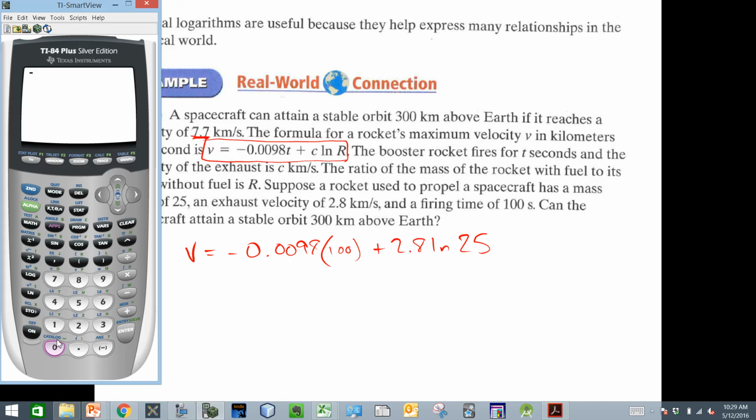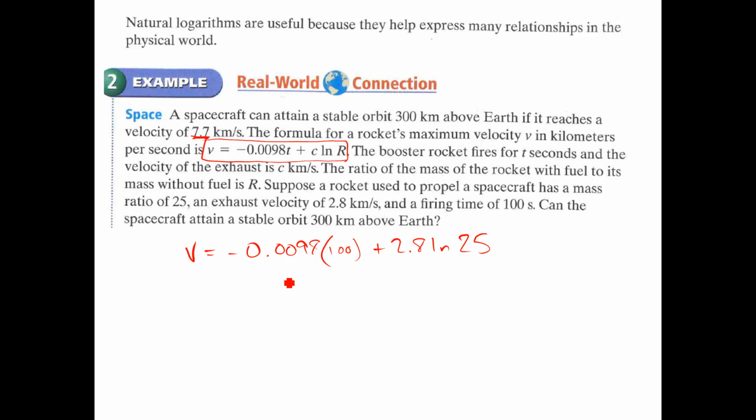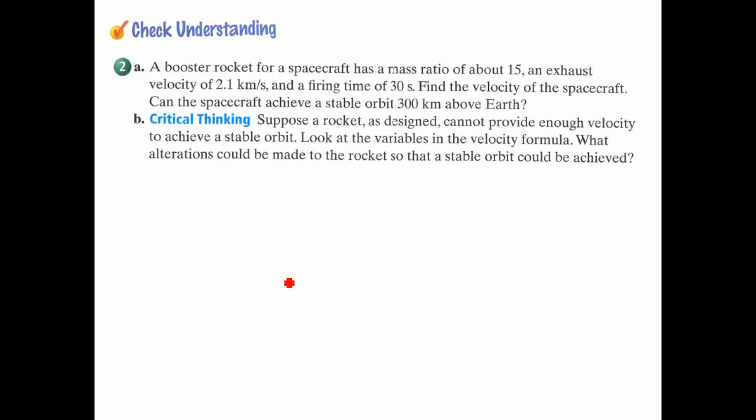Negative 0.0098 times 100 plus 2.8 times natural log right here. Notice that it's right below the e to the x. So they're inverses of each other. Natural log of 25. We plug that in, we get 8.03. We needed to get to 7.7. We got to 8.03, so yes, we are going to be able to maintain our orbit. Try it on understanding check number 2.